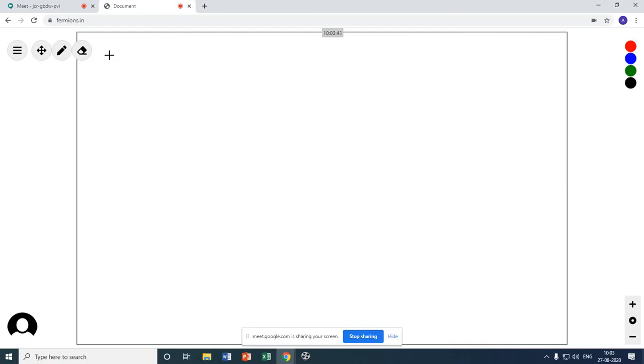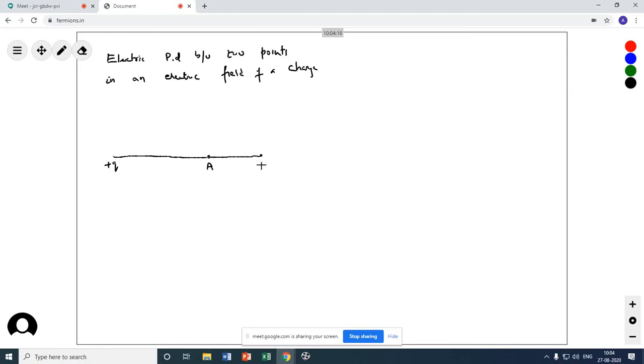Clear? So, electric potential difference between 2 points in an electric field of a charge. Our same old diagram: this is plus Q, this is A, this is B. Now we need to find the electric potential difference between these 2 points.